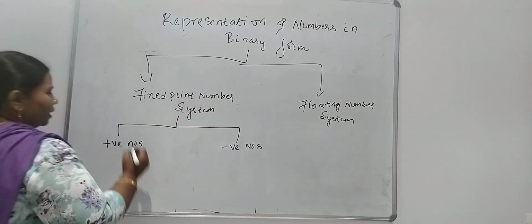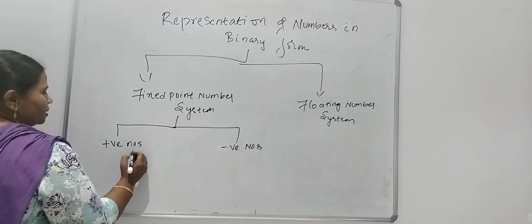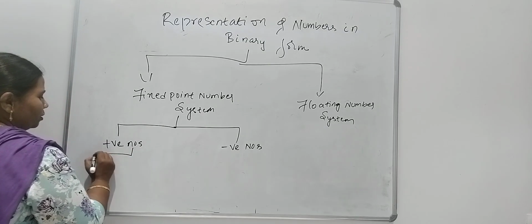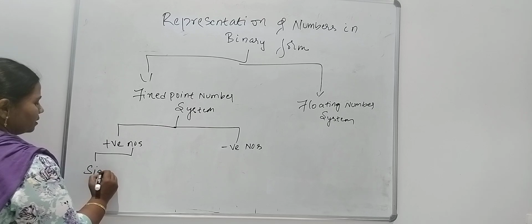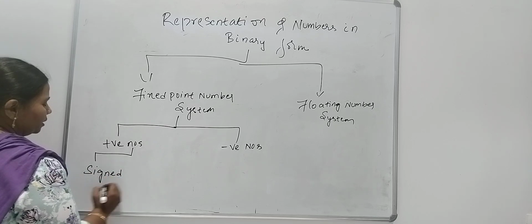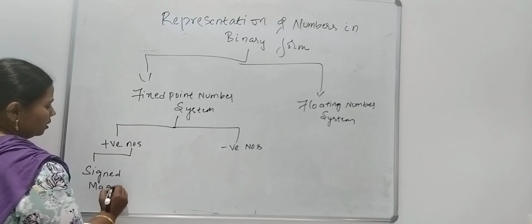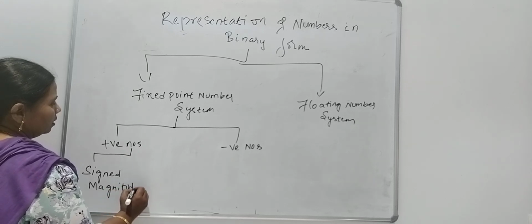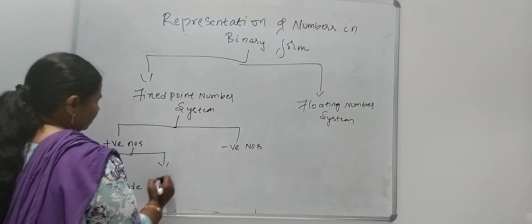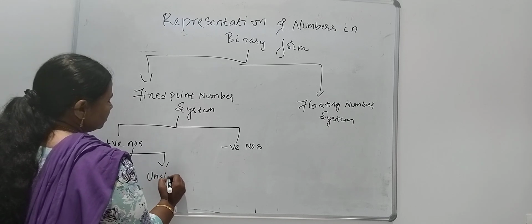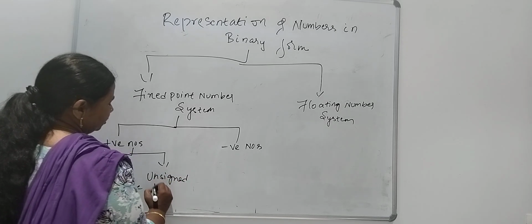These positive numbers you can represent in two ways: one is signed magnitude representation and the other is unsigned magnitude representation.